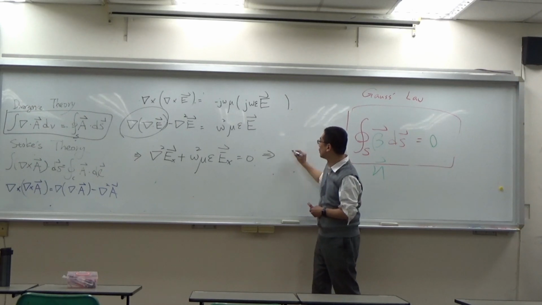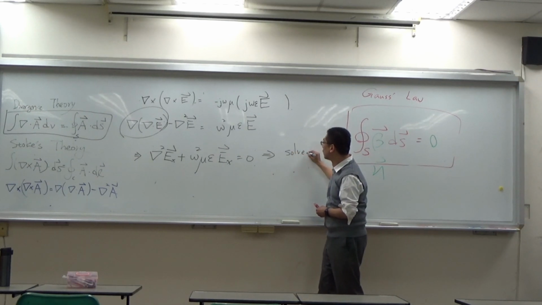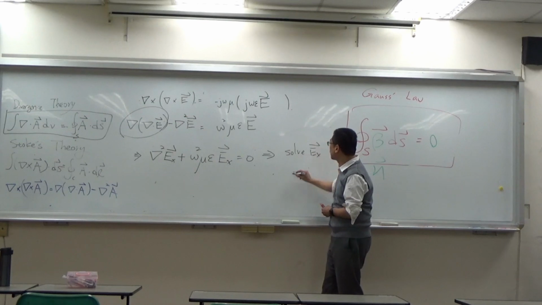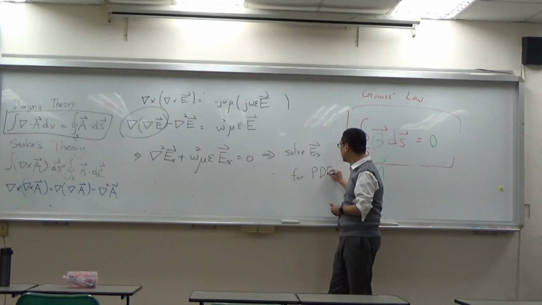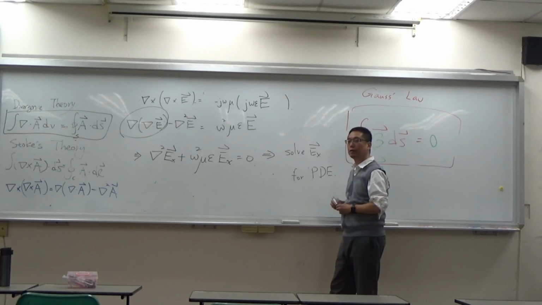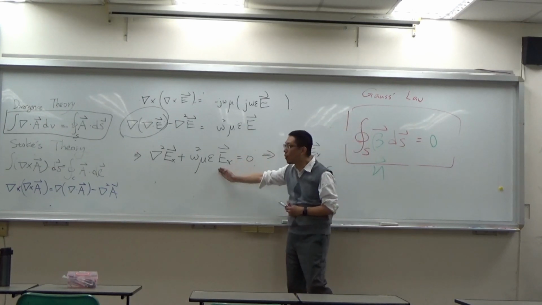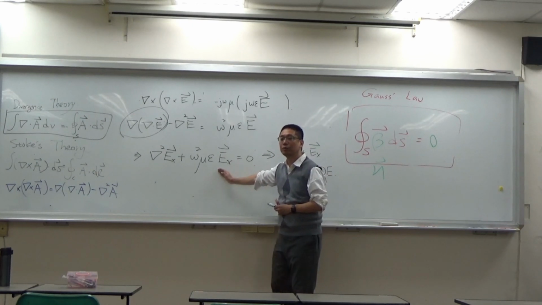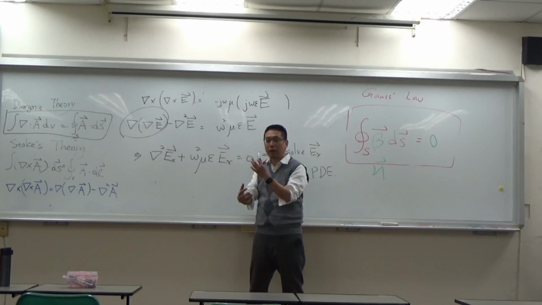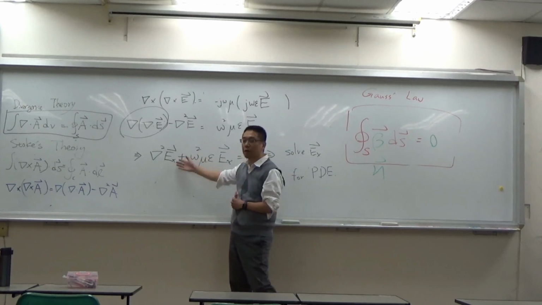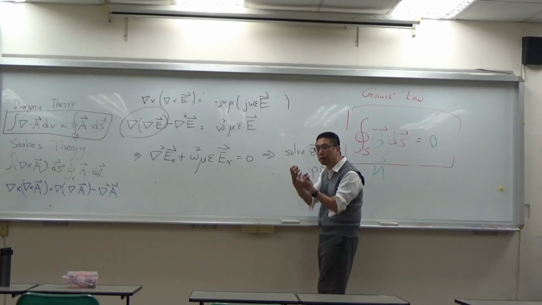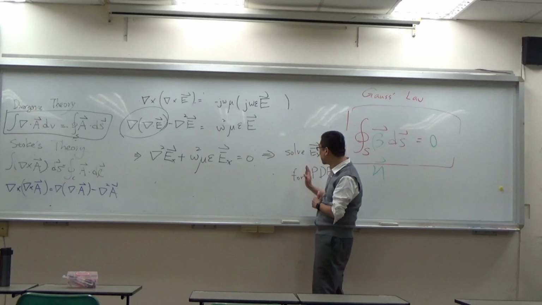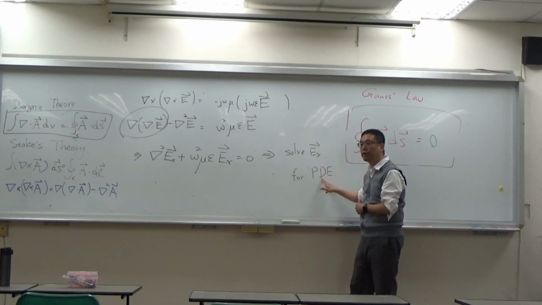Then solve Ex for this partial differential equation. Solve this equation. Then the answer for this partial differential equation is the structure, how it looks, and it must obey your partial differential equation.